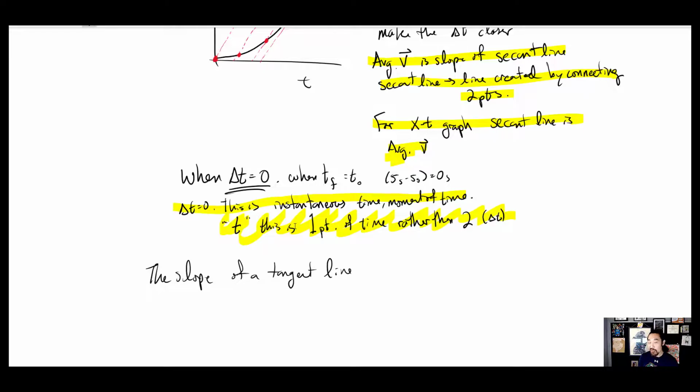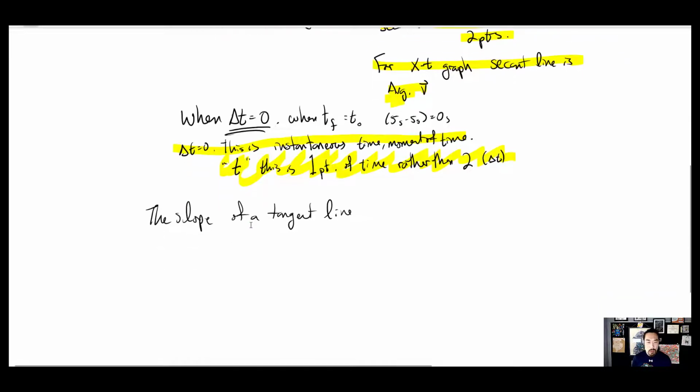And right below it, I'm going to define tangent line. This is when a line hits one point without going through the curve. So a tangent line is when it hits just one point and it doesn't go through the curve.